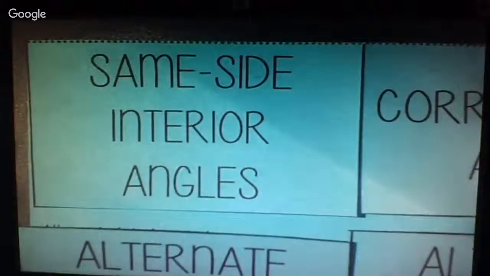So now that you know the relationship and you know whether they're supplementary or congruent, we can solve for missing variables. Okay. So same side interior angles. I want you to also put here, same side, they can change it up and use the word consecutive.